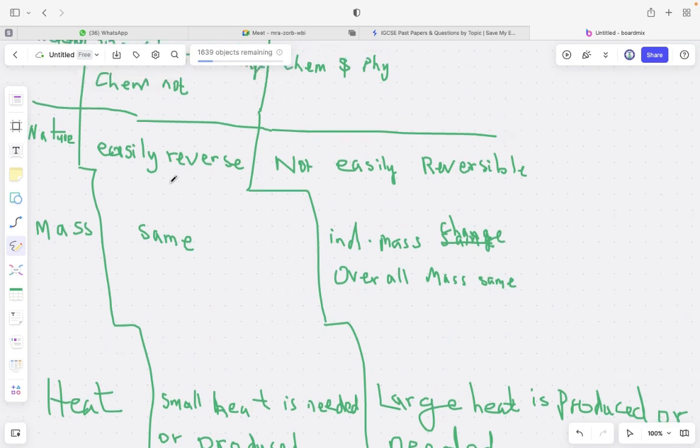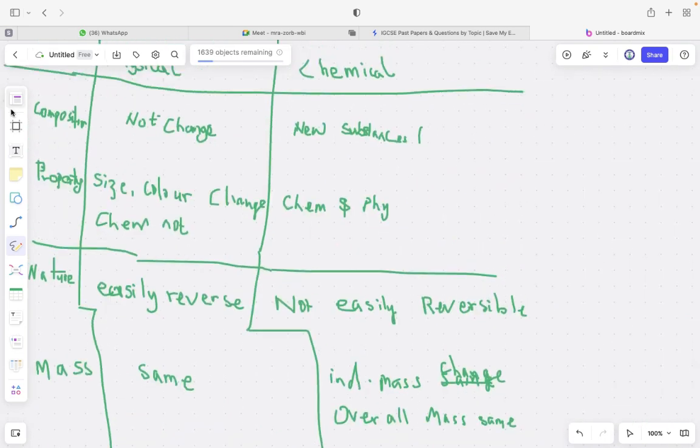First, in terms of composition: in physical change, the molecules do not change, meaning they do not form a completely new substance. But for chemical change, new substances are produced.